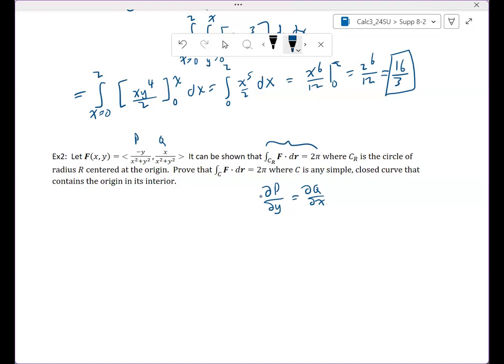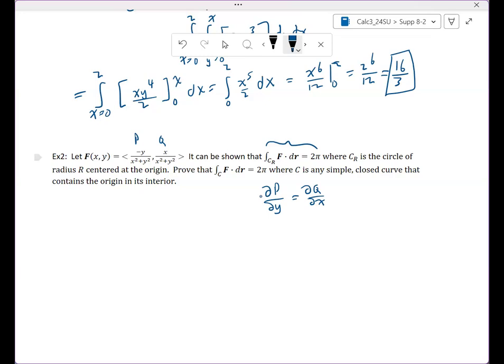We usually think of conservative vector fields, well, we always think of conservative vector fields, when integrated over a closed loop, as giving us 0. What happened here? Well, really what happened here was that, of course, dP/dy and dQ/dx and P and Q themselves are not defined at the origin.